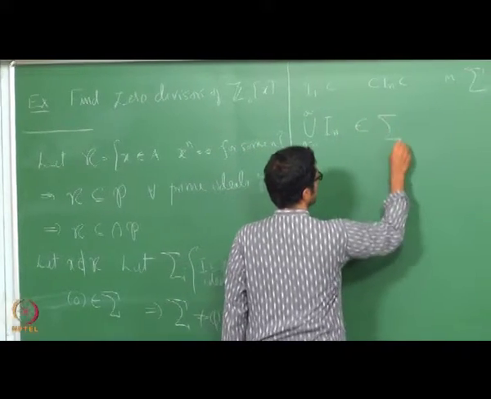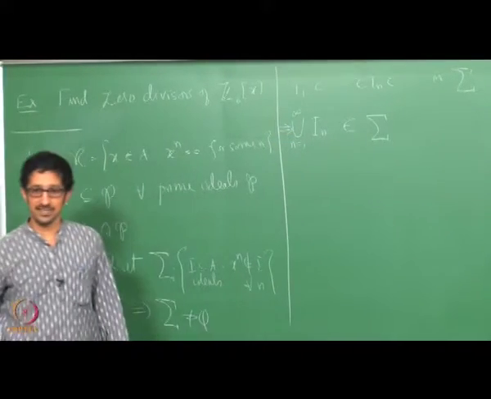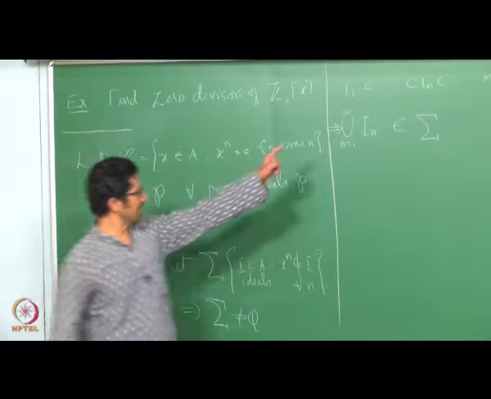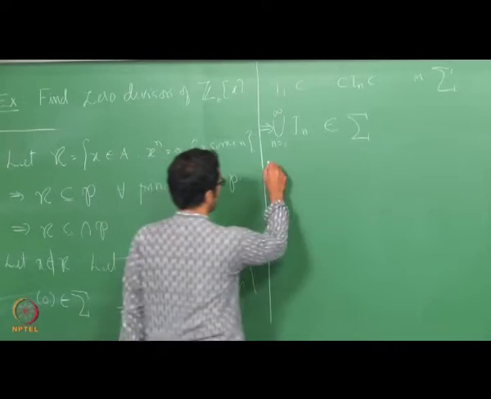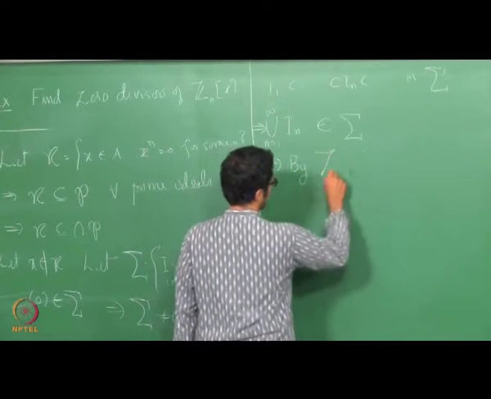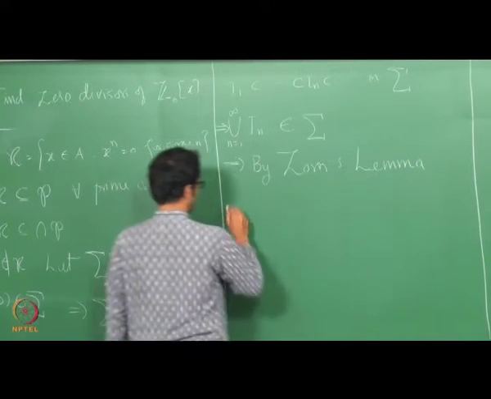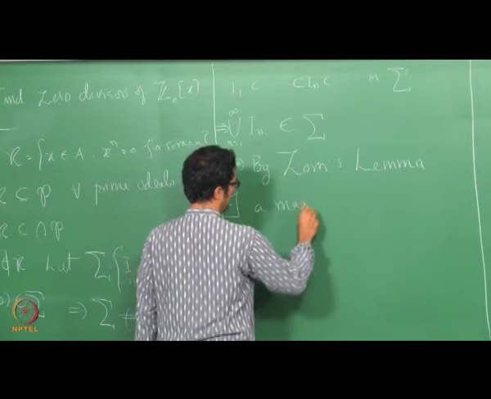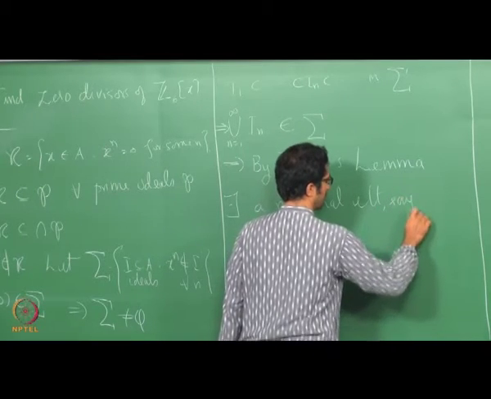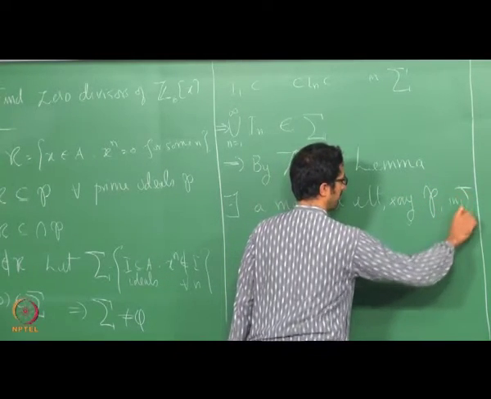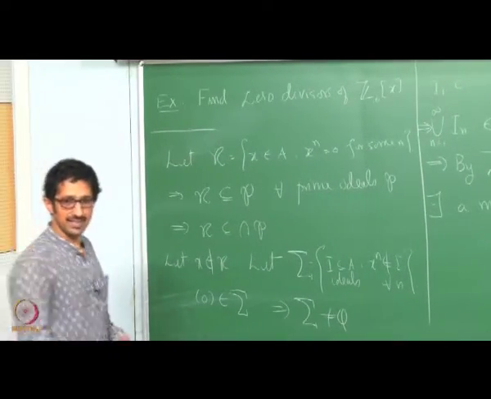This belongs to sigma, which means that every chain in sigma has an upper bound in sigma. Therefore, by Zorn's lemma, there exists a maximal element, let us call that P, in sigma, and we wanted to prove that P is a prime ideal.